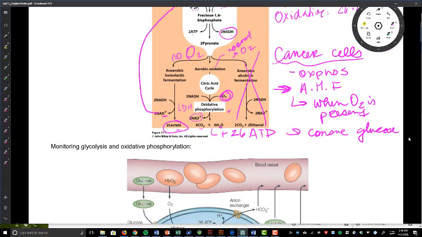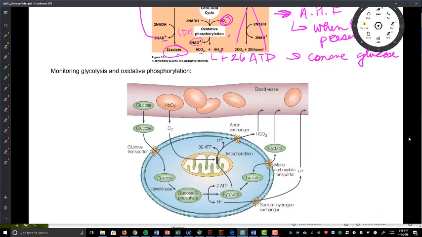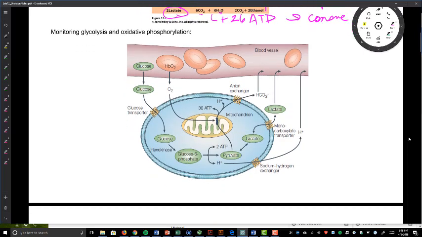So if we take perhaps a more simplistic look at monitoring oxidative glycolysis and OXPHOS, specifically how we can measure those two processes in Seahorse, if we have a schematic here, this is a cell and then a mitochondrion and then a zoom in of a blood vessel outside of the cell.